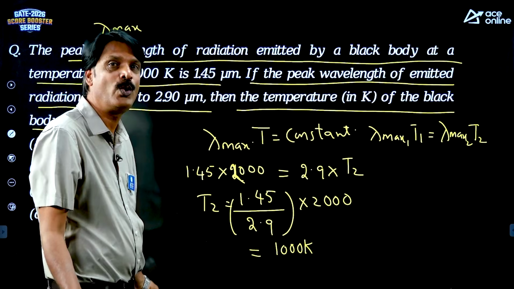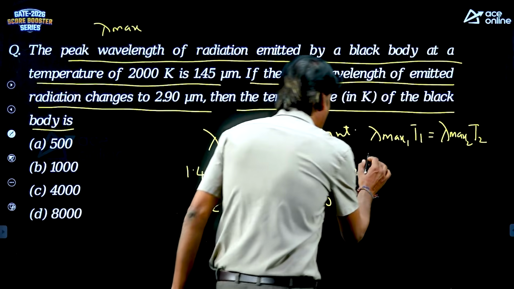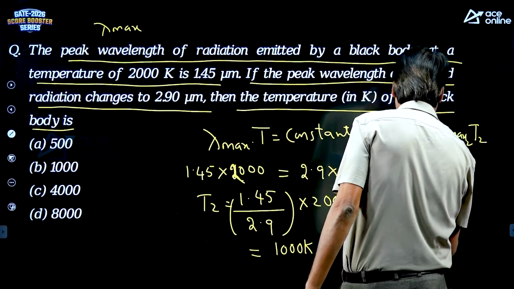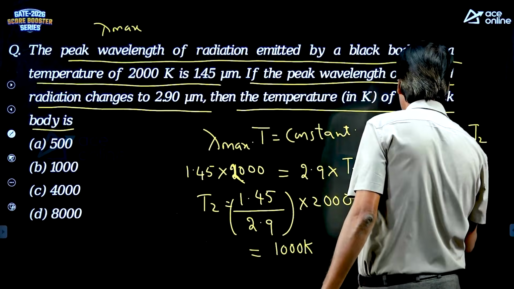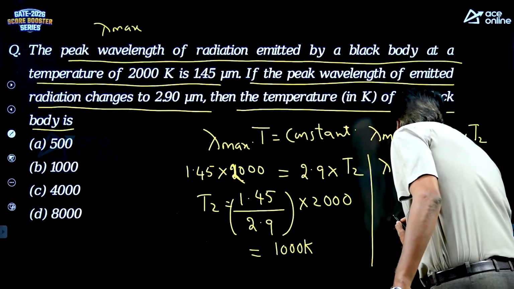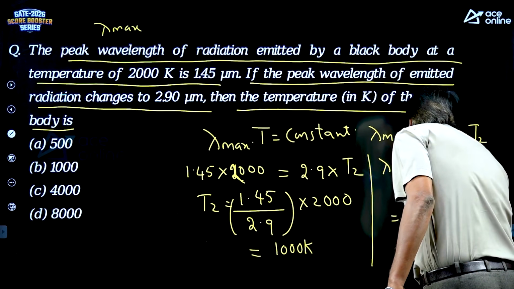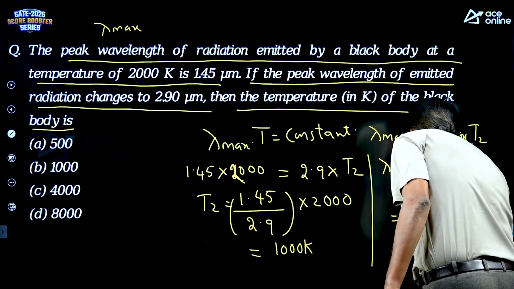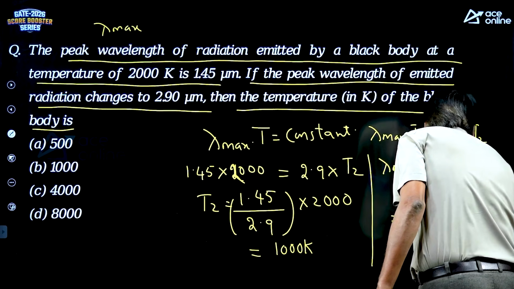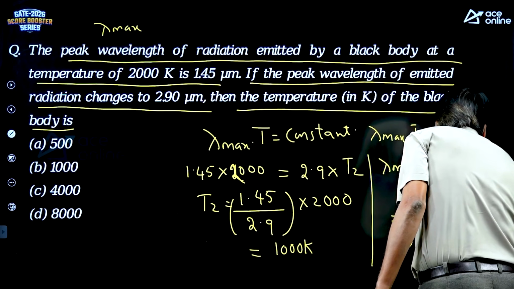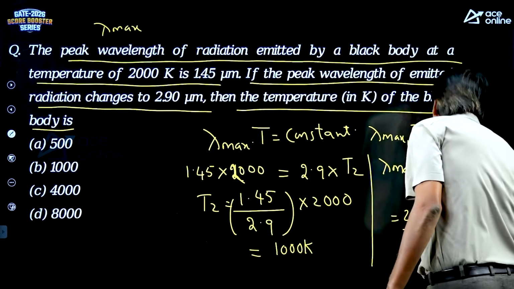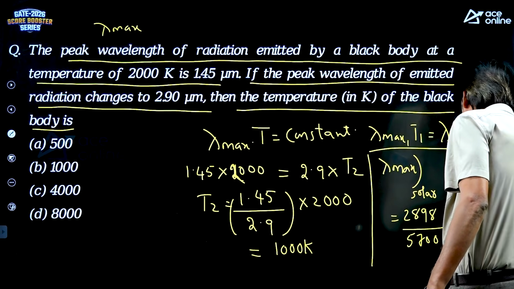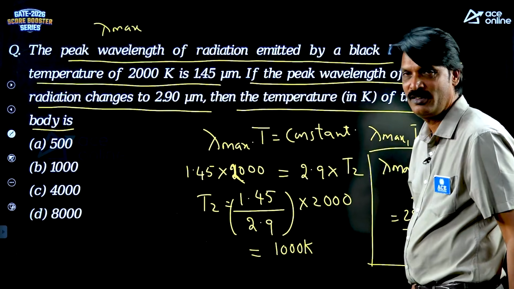Like they may ask you anything. Suppose if I ask you what is the lambda max corresponding to solar radiation, then you have to write it as 2898 micron meter Kelvin divided by 5700 Kelvin, approximately around 0.503 micron meters. There's only note, extra note, core boosting.